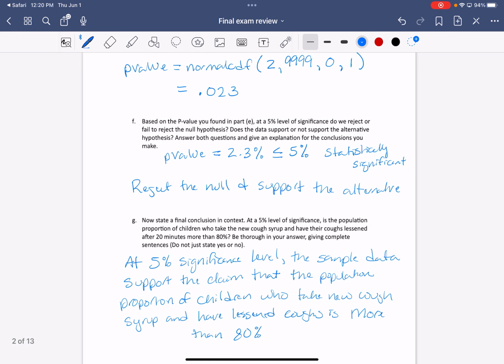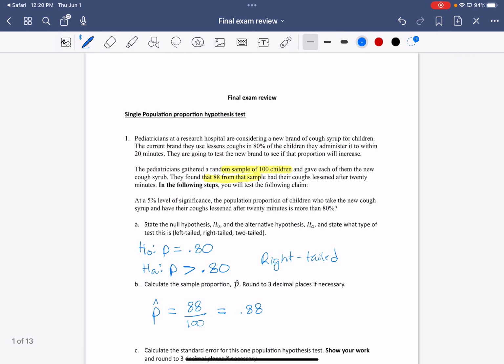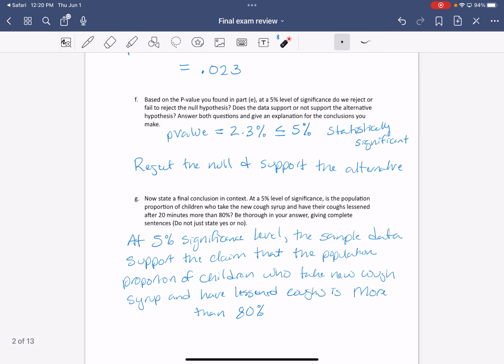Right? Our alternative hypothesis, if you recall, look back here, our alternative hypothesis was that it's more than 80%, and that's what we are supporting. Any questions there? I'll leave it here for a second, and then we're going to continue on.